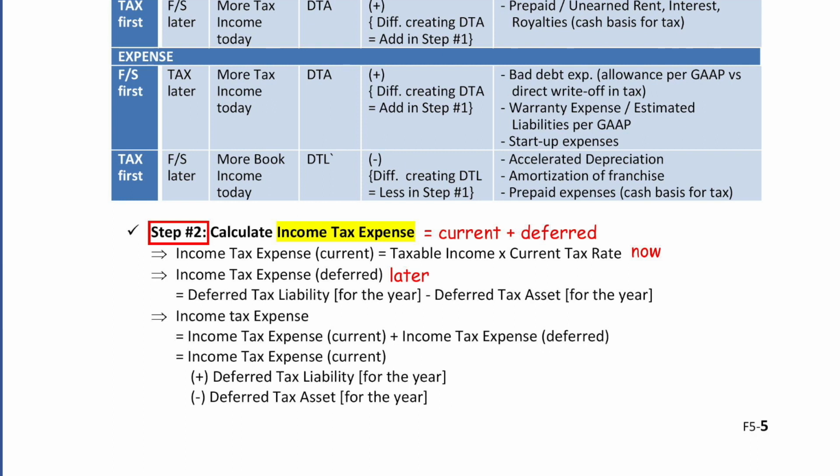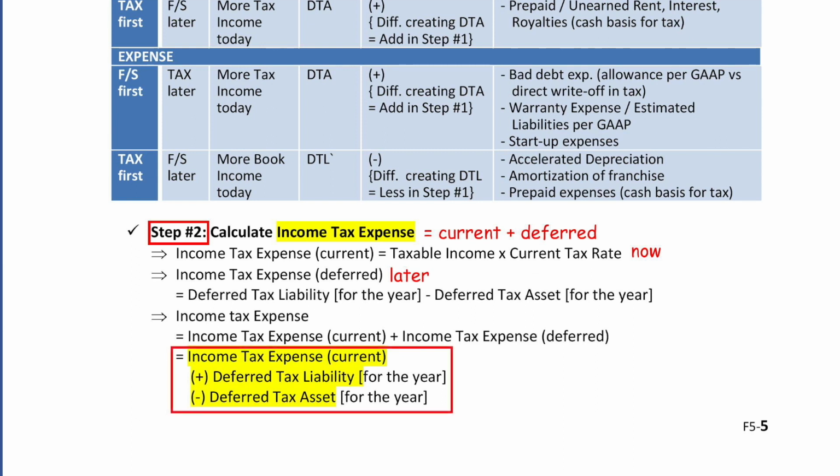So when you're calculating your income tax expense, it's a sum of your income tax expense current and income tax expense deferred, or in other words it is highlight income tax expense current plus deferred tax liability for the year minus deferred tax asset, and put a box around this calculation.